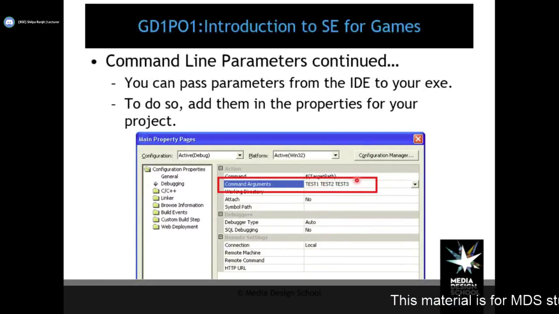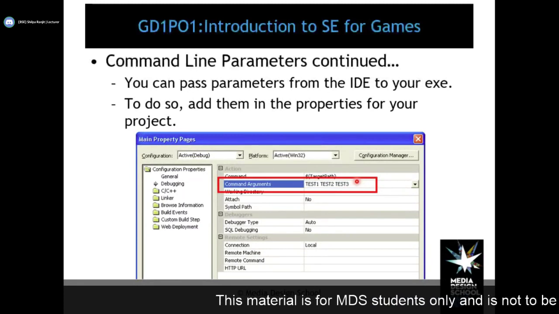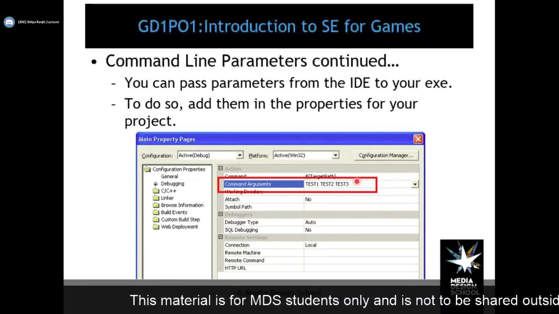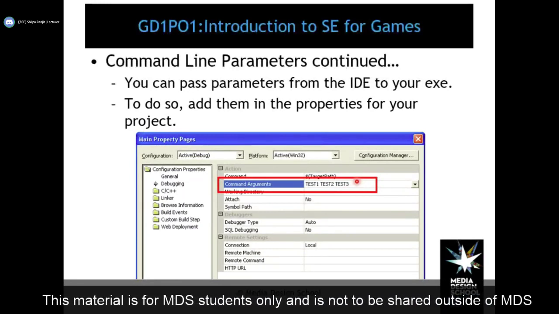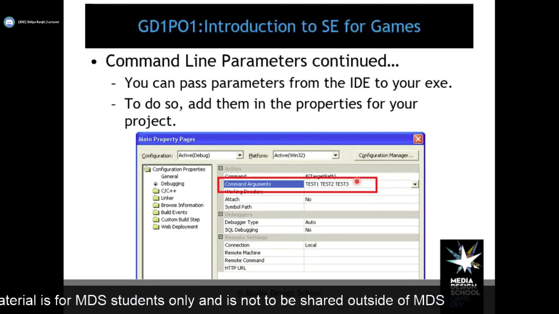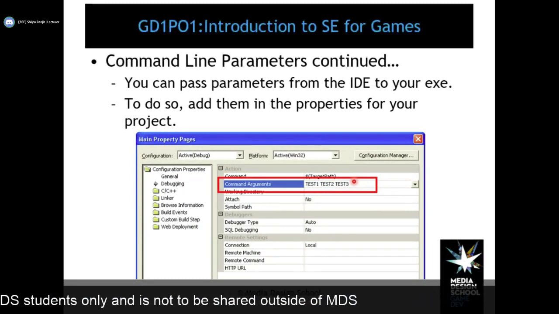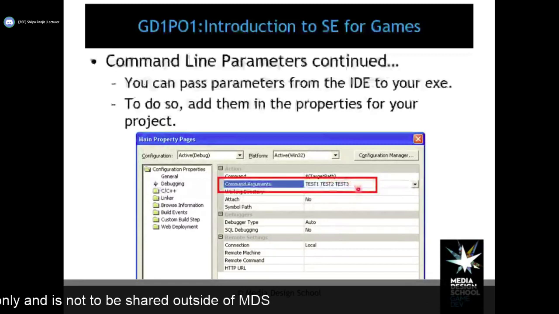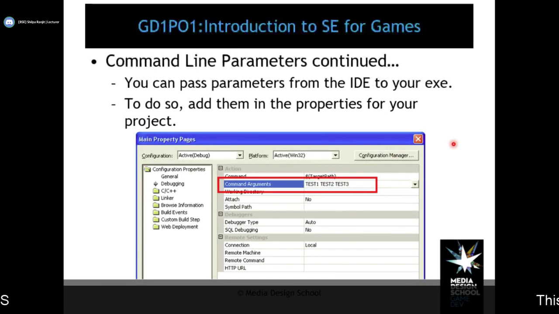To read these command arguments, you would need a main function which has an int argc and an argv parameter, so that you could read it and do whatever is required there. So this is another way in which you could feed the command arguments if you don't use the command prompt. All right, so that is just additional information.